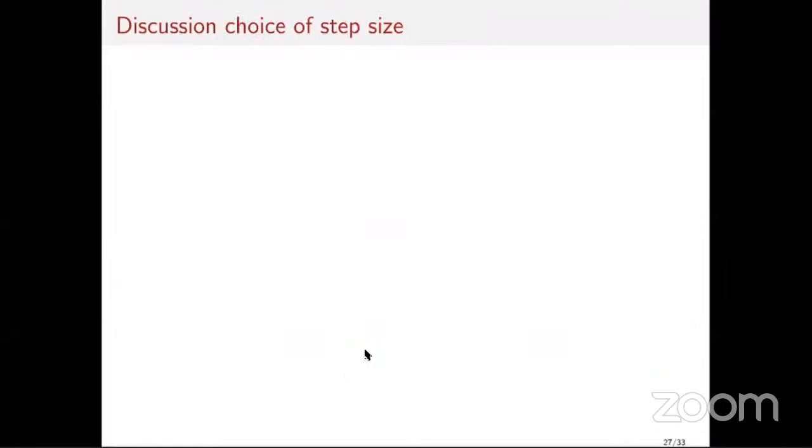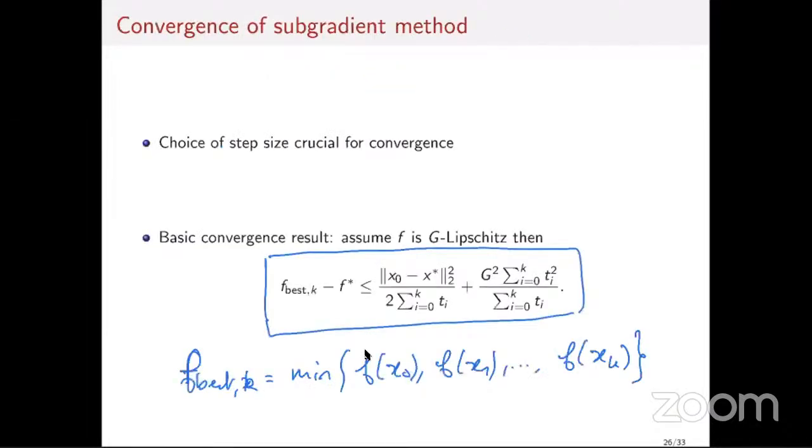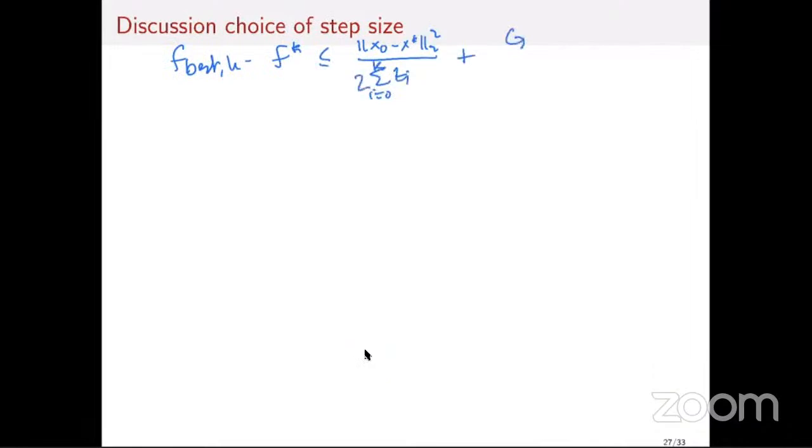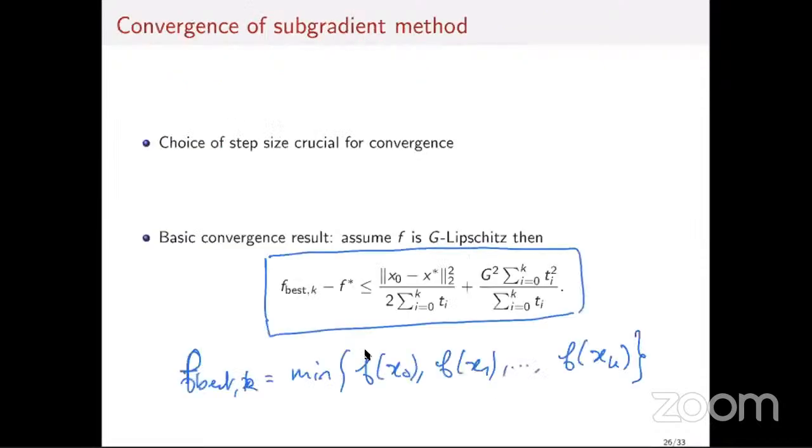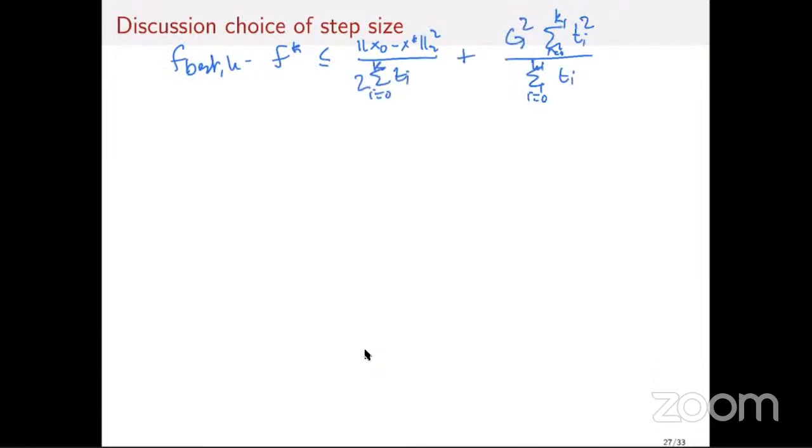So let me just rewrite it here. f best k minus f star is less than the norm of x0 minus x star squared divided by the sum of ti's, plus g squared times the sum of ti squared divided by the sum of ti. Okay, so this is what we can prove.